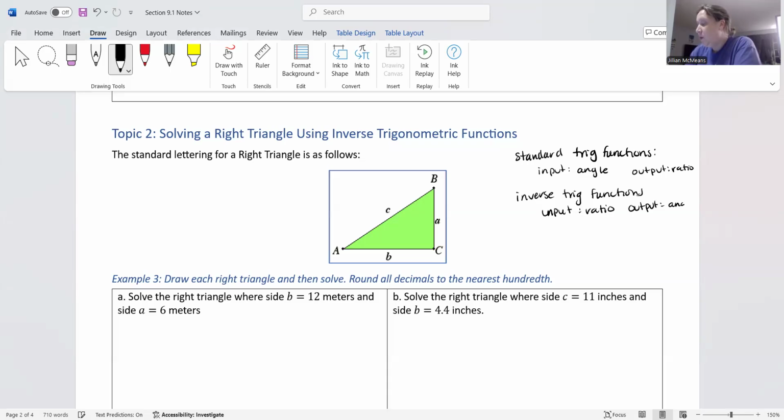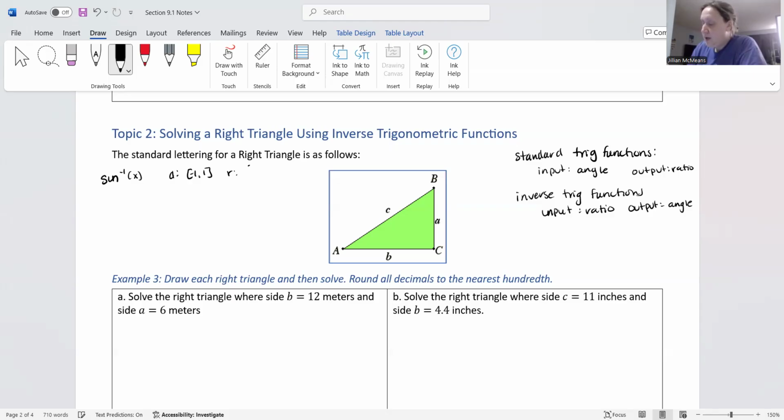And there will be situations, especially in the next section, where we have to be a little bit careful with what the input is. So we have to remember domain and range. Just really fast, we're going to go through this quick. If we're dealing with inverse sine, the domain is -1 to 1.